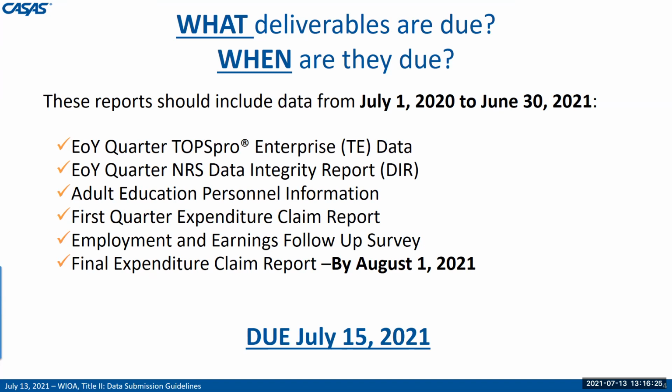The adult education personnel information. We have the end of year or final expenditure claim report. And I'm going to fix this so I can send it over to you updated. And we also have the employment and earnings follow-up survey, as well as the final expenditure claim report, which is listed at the bottom. So all the data must include information from July 1 to June 30th of 2021.